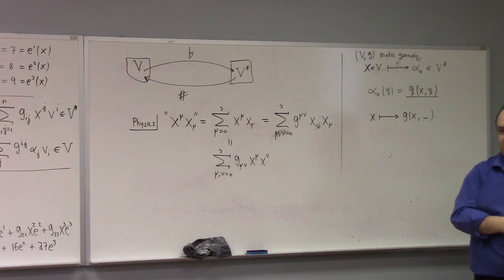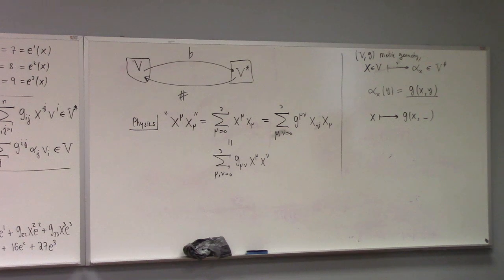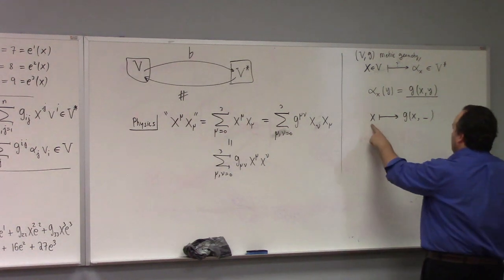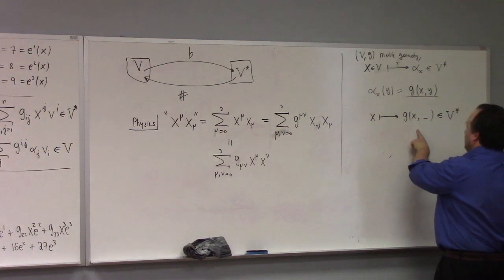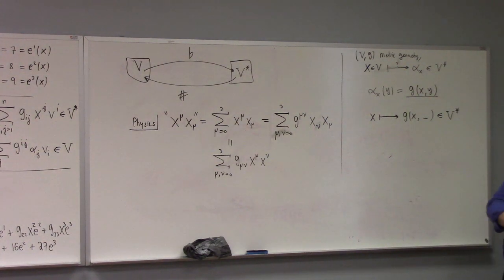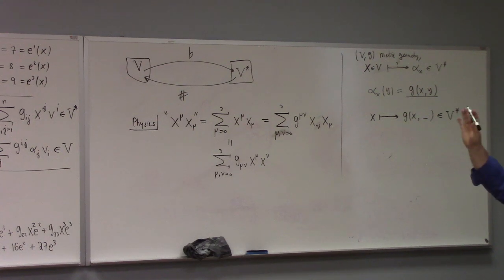That's the isomorphism. You're inputting a vector and your output is a dual vector, because this is naturally interpreted as a mapping from the vector space to the reals. No choice of basis was made here. So my use of basis in the construction of the flat and the sharp maps is illusory.